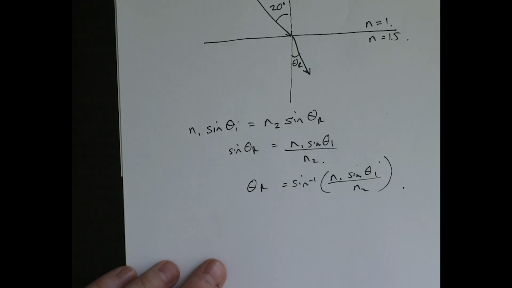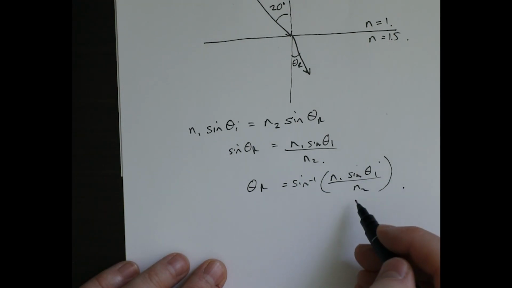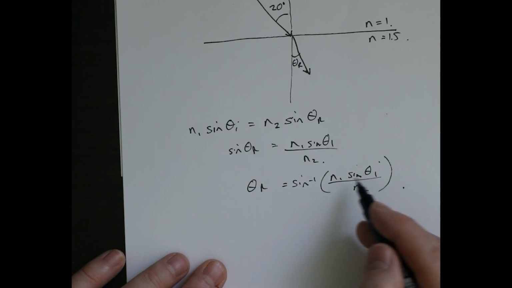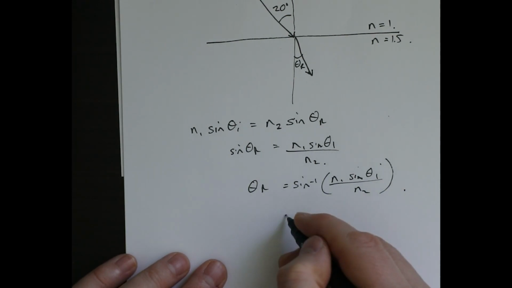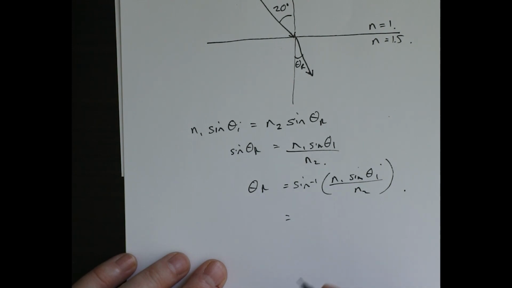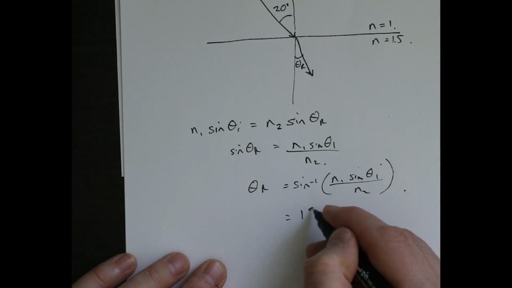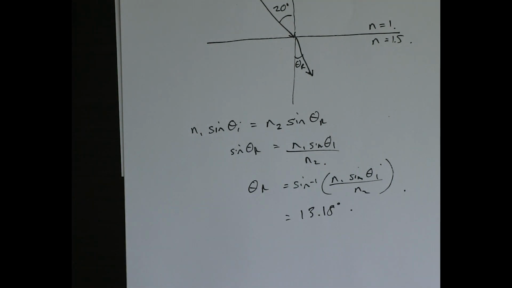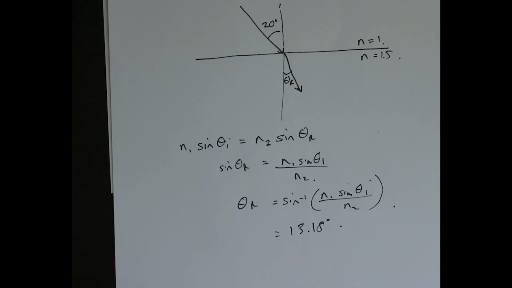Okay, so that's our equation. And so all we need to do is put these values in. So n1 is 1, so that's just sine theta 1 divided by n2, which is 1.5. So sine theta divided by 1.5 gives us the value, as you see in the equation, of 13.18 degrees. Okay, so it's just a simple application of Snell's law, which, as I say, is given in the formula sheet for the exam.